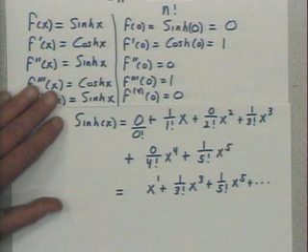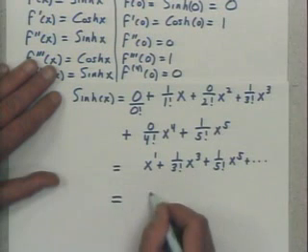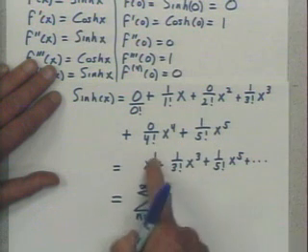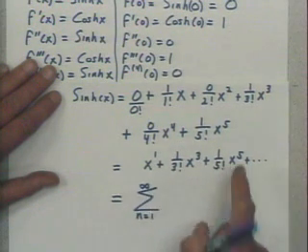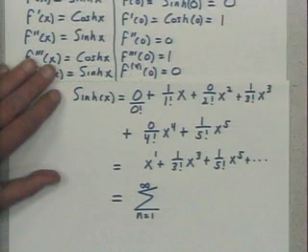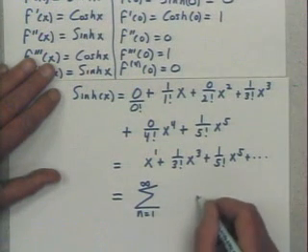Are we ready to convert to summation notation? I think so. And I decided to go from 1 to infinity because the exponents are 1, 3, 5, okay? You can go from 0, but I think from 1 to infinity treats this one pretty nicely, because then the power is just x to the what?